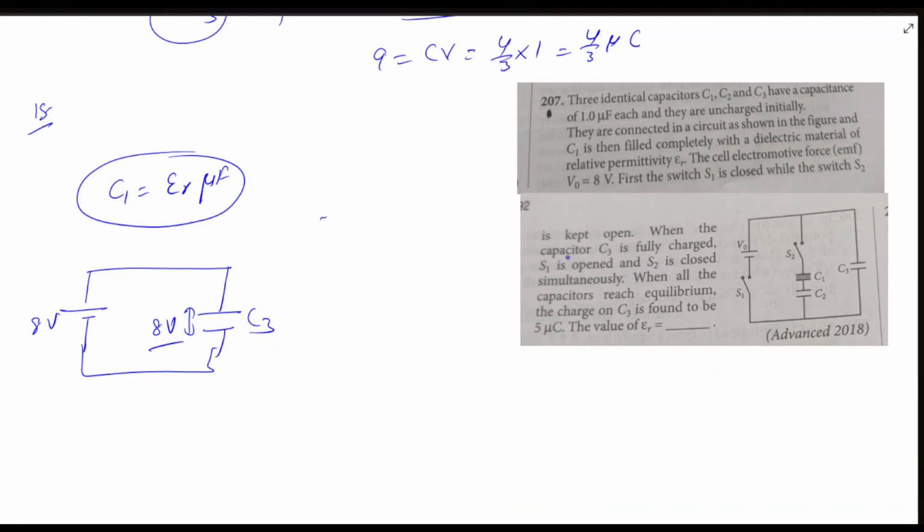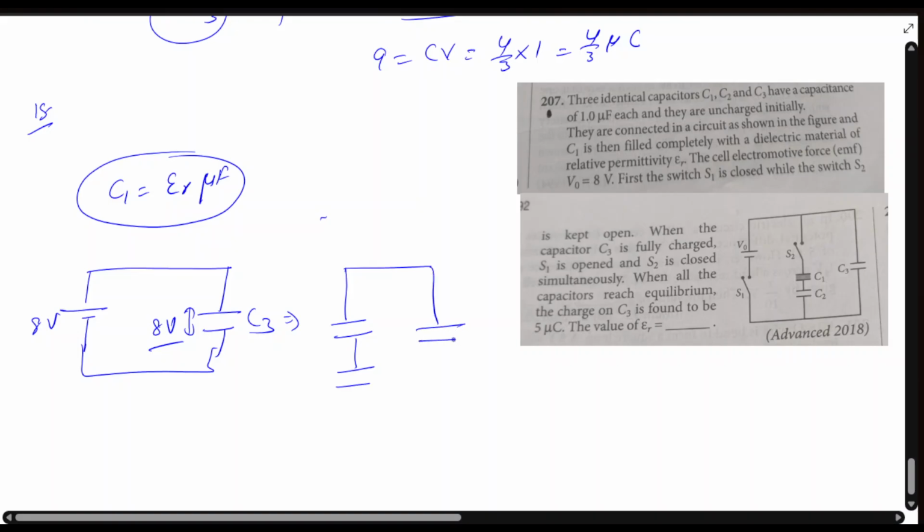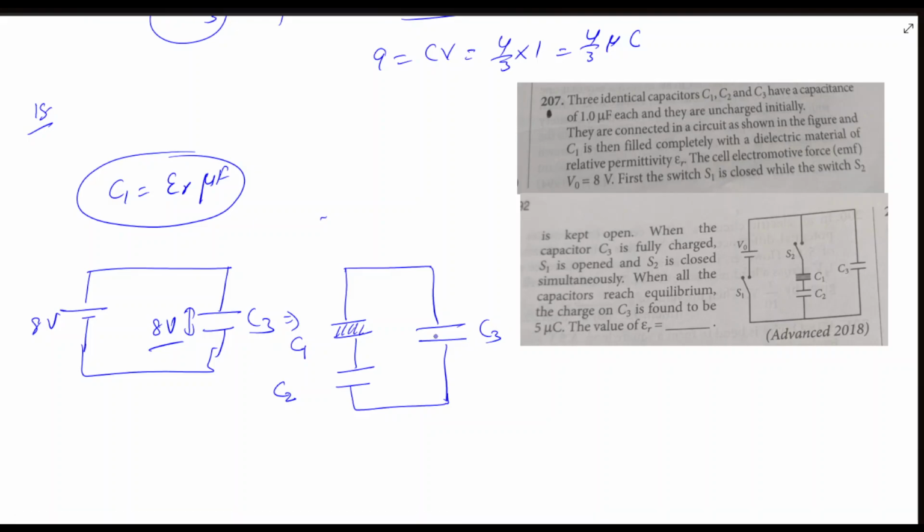Okay. So when C3 is fully charged, S1 is opened and S2 is closed. Now the situation is like this. So this is C1, this is C2, and this is C3, and this is filled with the material, right? And the potential across this becomes 8 volt.